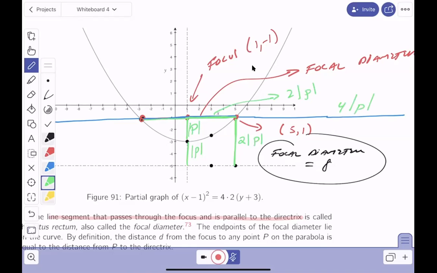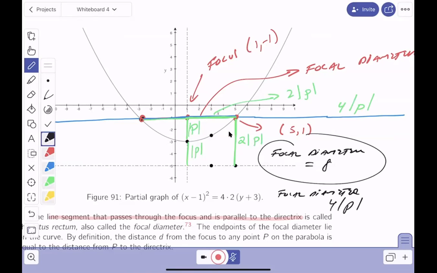It says that it can be shown, and again, we'd like you to read this. I know it's difficult reading through that stuff. It can be shown that it's 4 times the absolute value of P. So the focal diameter, and we just showed by this example over here, is actually just 4 times the absolute value of P.